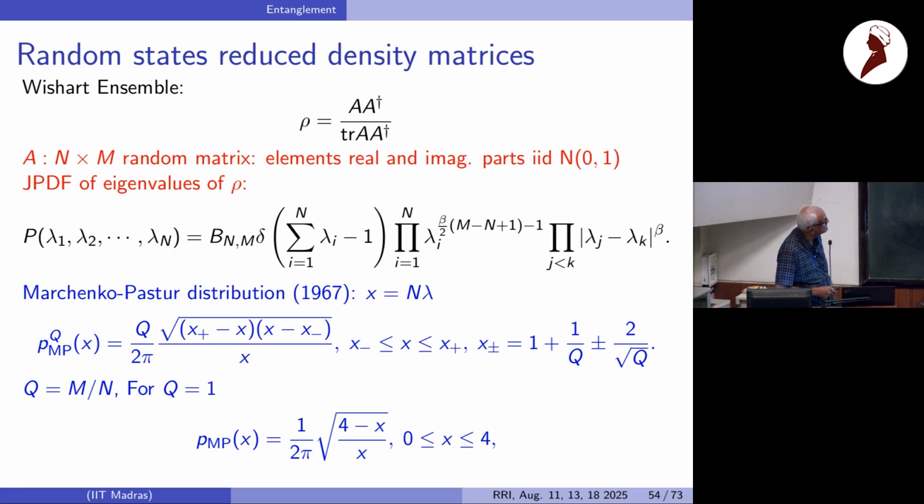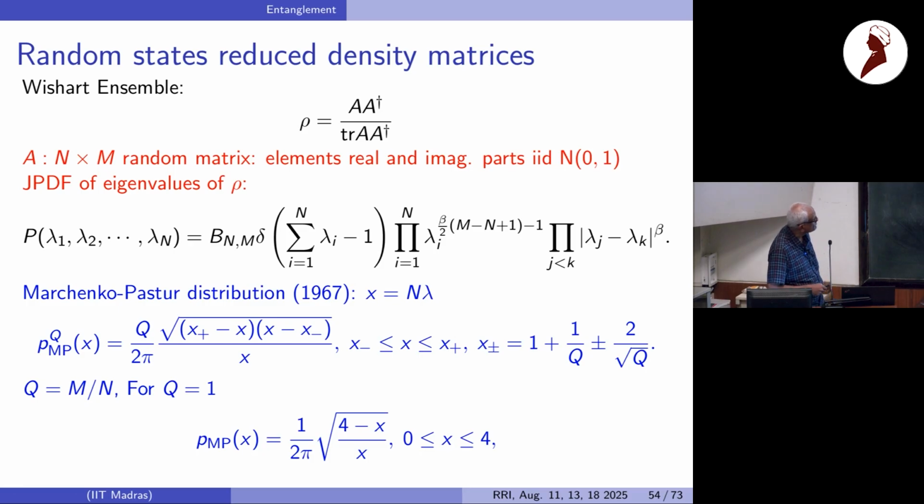You have this factor which is replacing the exponential factors. You have these products, but this one is not creating any correlations. All the correlations are coming from the Vandermonde again, and also weakly from this delta function.